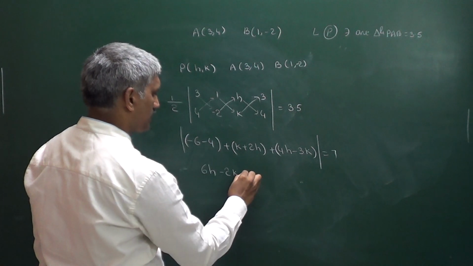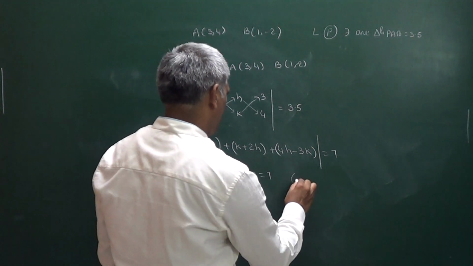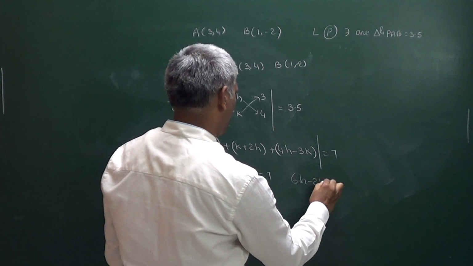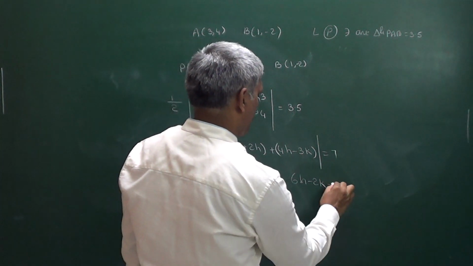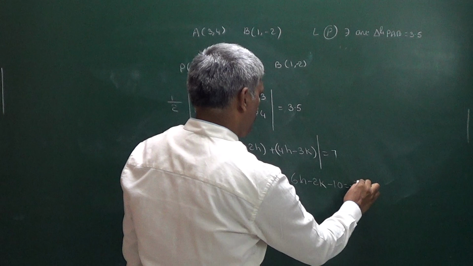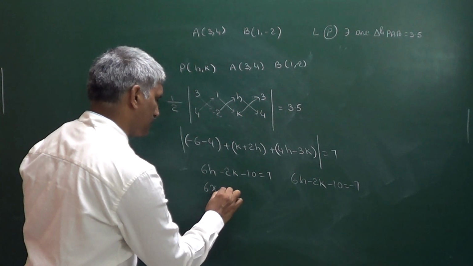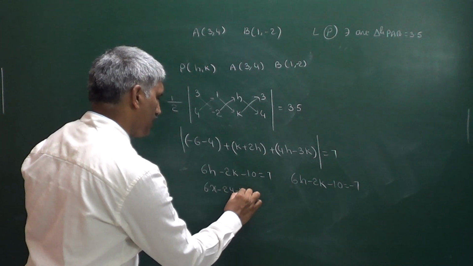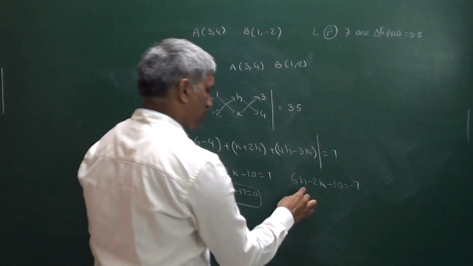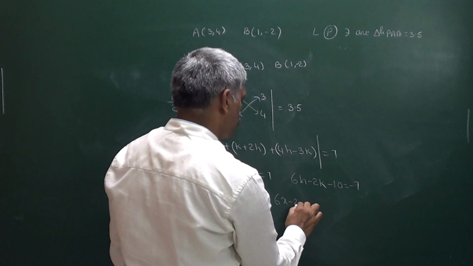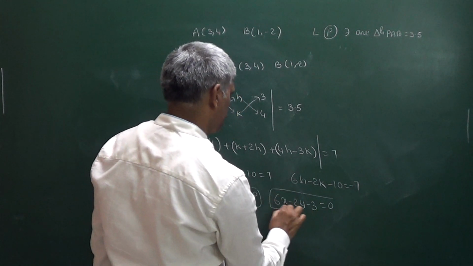Next minus 10 is equal to 7 possible. 6h minus 2k minus 10 is equal to minus 7 also possible. Therefore we are getting the locus equation 6x minus 2y minus 17 is equal to 0 as one. The other one is 6x minus 2y minus 3 is equal to 0.